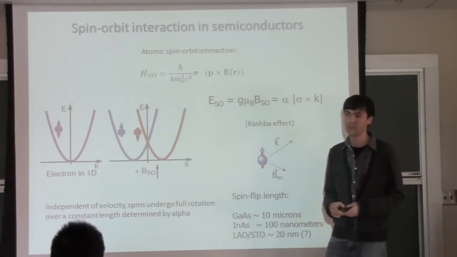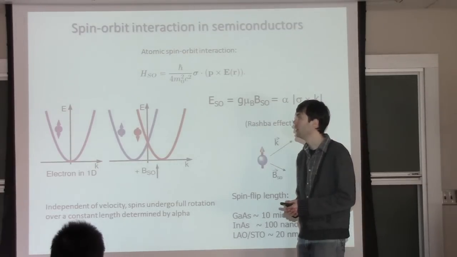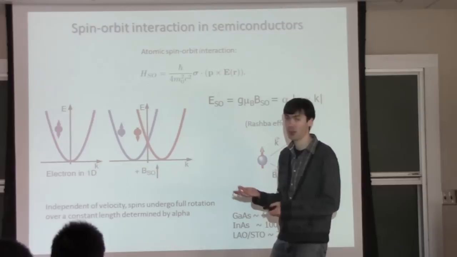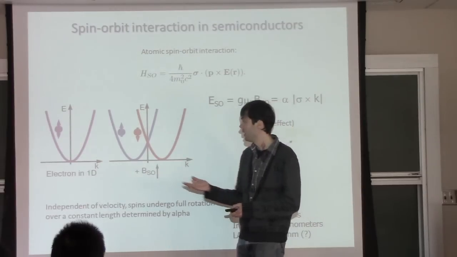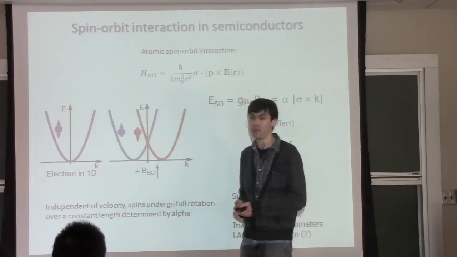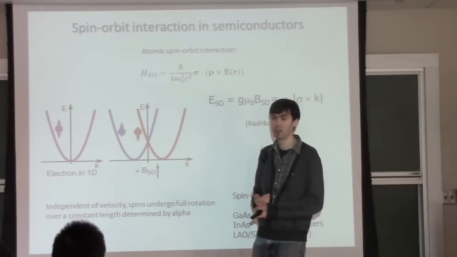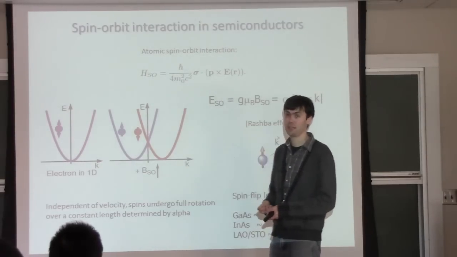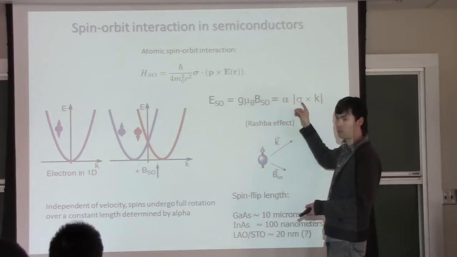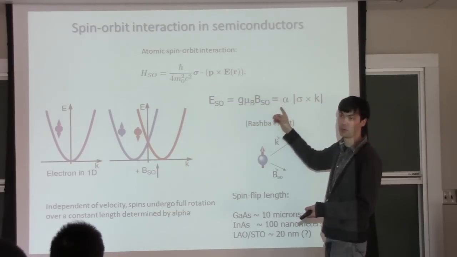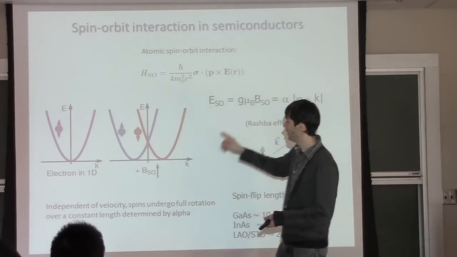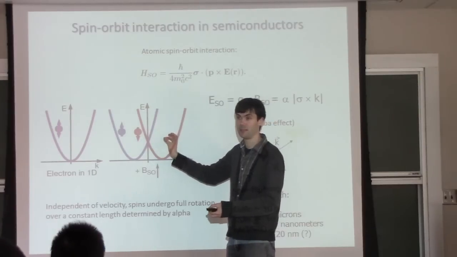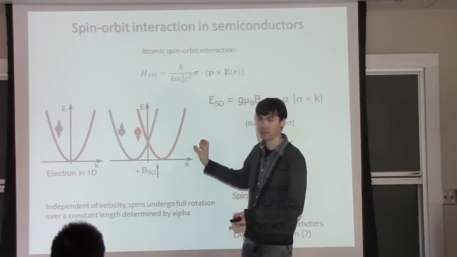If you apply this formula to electrons in one dimension, you get what I've drawn over there with those pictures. So in one-dimensional systems, remember we have subbands, these parabolas, energy versus momentum, and they are spin degenerate at zero magnetic field. But if you add an extra energy to these electrons, which is dependent on spin, and it's a linear term, then you take these two degenerate parabolas, add a linear term, and you can rewrite it as a parabola which is displaced.